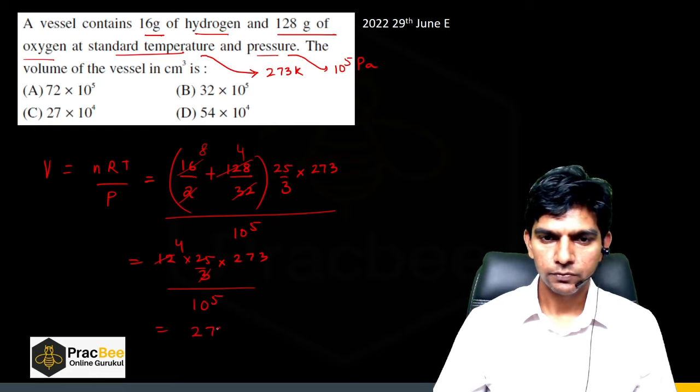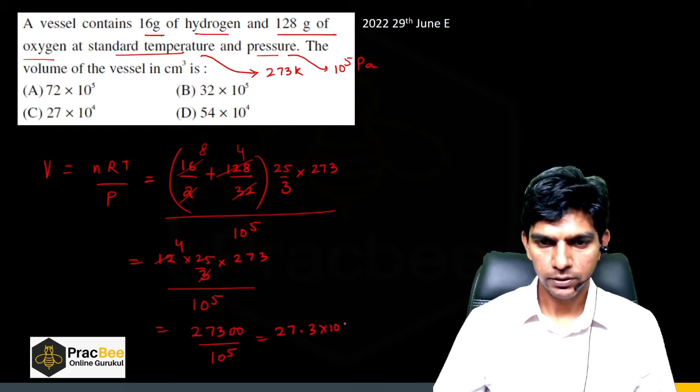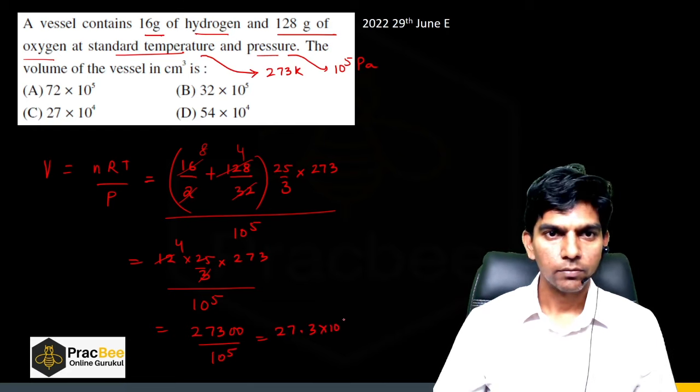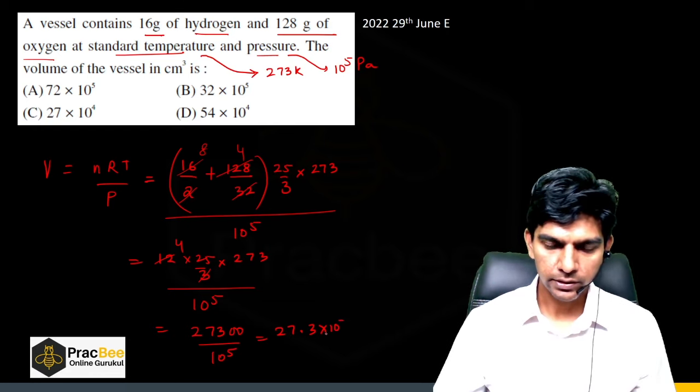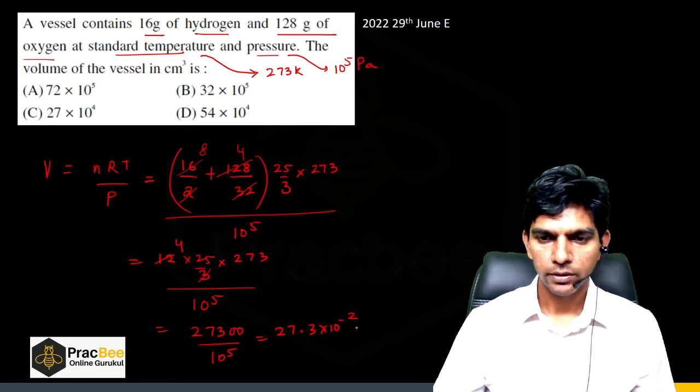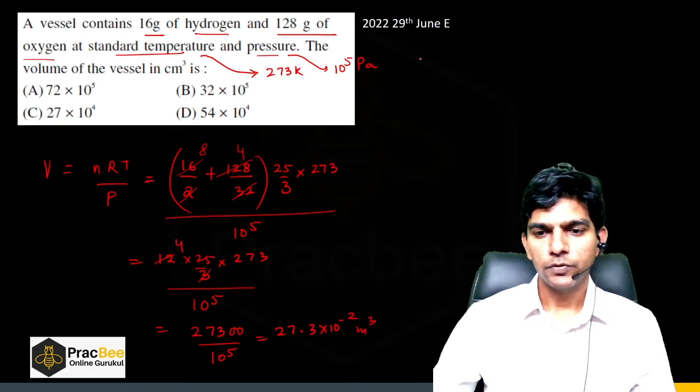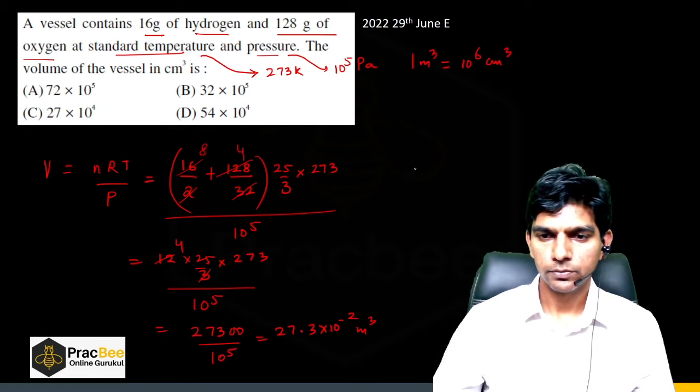So it will be 27300 by 10 raised to power 5. So it will be 27.3 into 10 raised to power minus 2. It is in meter cube. Now we know that 1 meter cube is equivalent to 10 raised to power 6 centimeter cube.